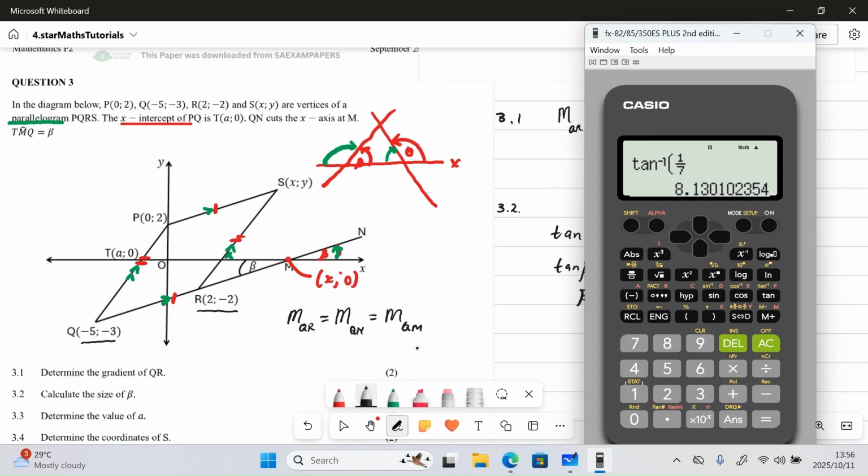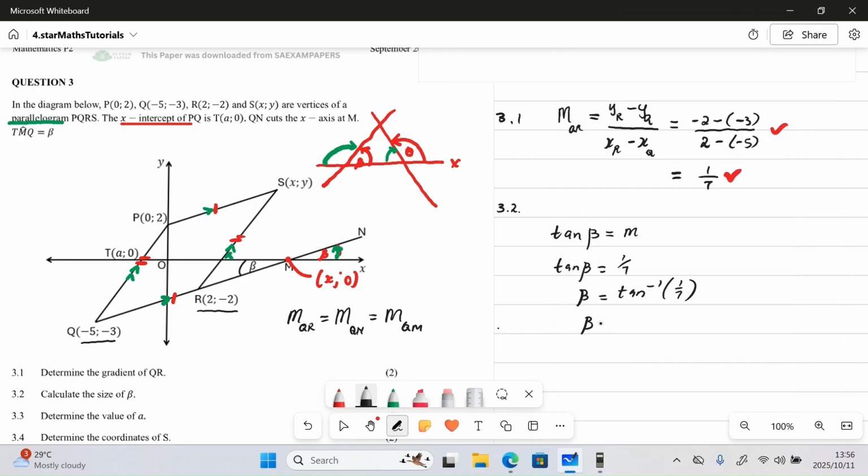The angle is equal to 8,13 degrees to decimal. So this is 3 marks. I don't know why it is 3 marks, but 1 mark for correct substitution, then 1 mark for simplifying, 1 mark for the answer.